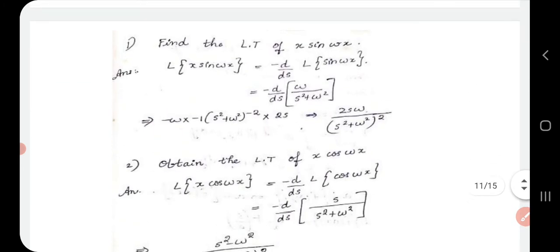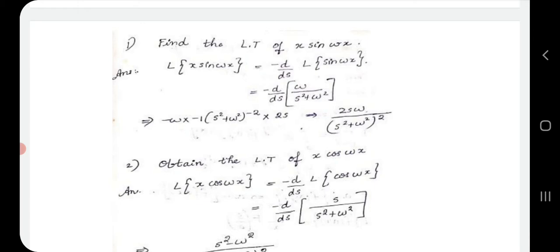Now, Laplace transform of x sin omega x. Another question. Sin omega x, you know what is the value? It is of the form sin ax, that is a by s square plus a square. So sin omega x will be omega by s square plus omega square. Now you are having x there, so you have to differentiate it once.